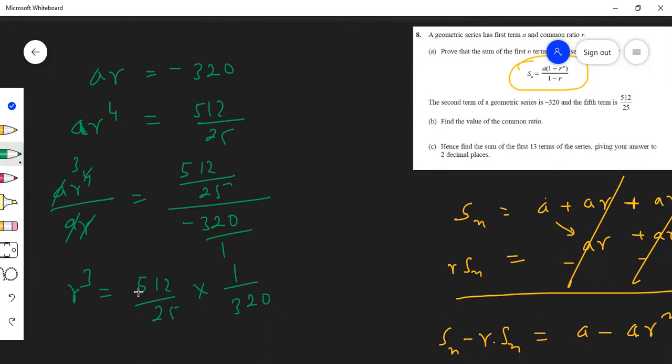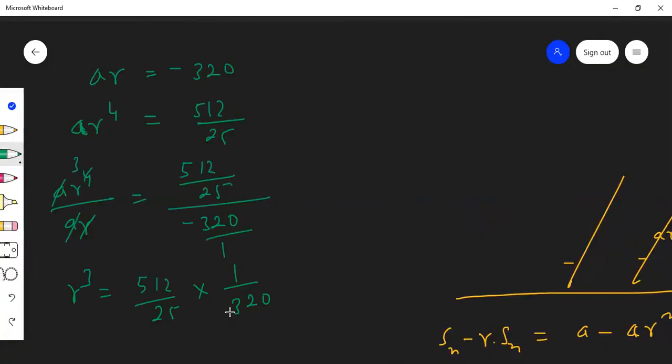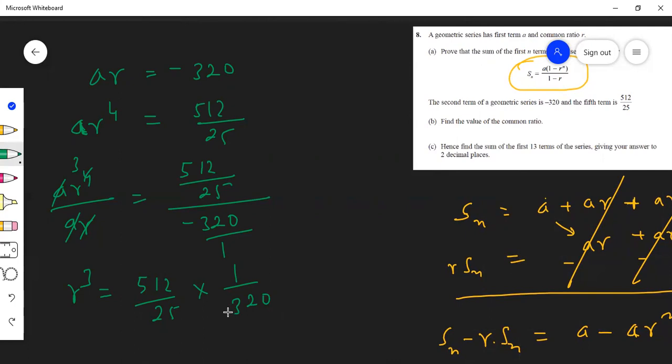32 and 512 can be cancelled. This is 2 to the power 5, and this is 2 to the power 9. So 2 to the power 6, 2 to the power 3.